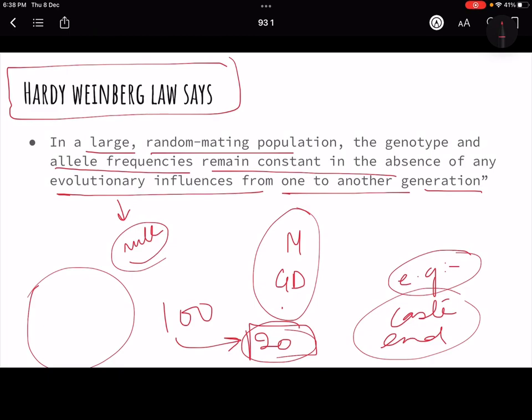Evolutionary influences like migration, both in-migration and out-migration, are a phenomenon, because you are not living in an isolated, utopian world. So migration will happen, there will be genetic drift, mutations will take place, and mating is also not random. So it is a fundamental null model because it says that in the absence of evolutionary influences, which is not the case in the actual world.